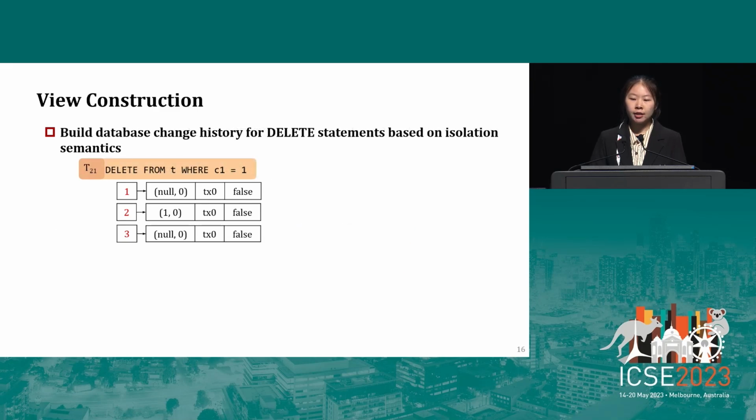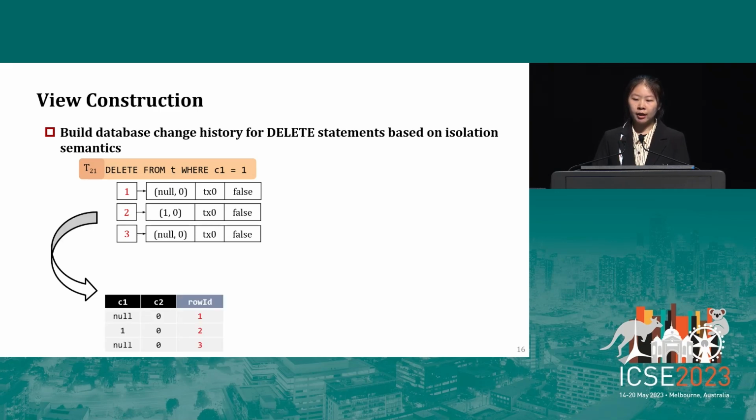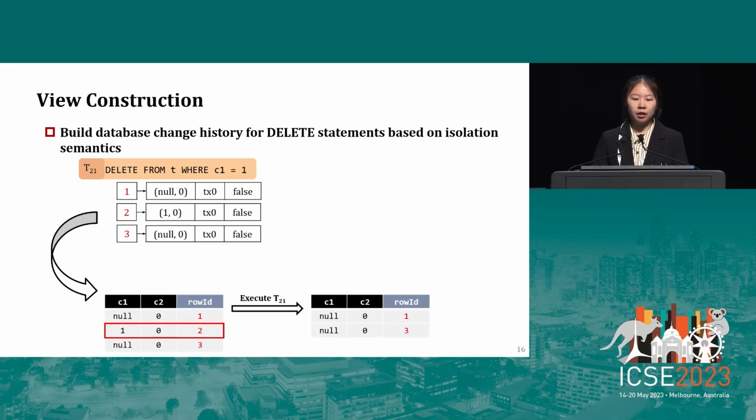The same process is followed for a delete statement in another transaction. We construct its database view and then execute it on its view. To record the deleted row, we update the database change history by attaching the version of the deleted row and setting the TS field as TS2 and the deleted field as true.